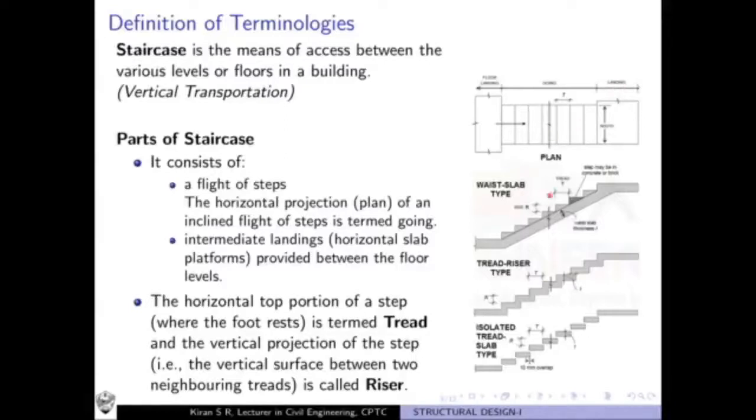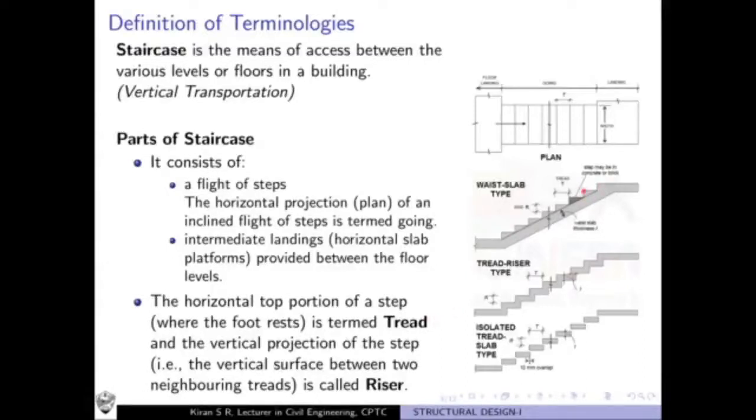And here you observe everywhere you have steps. In all the three types you have steps, and the steps are also defined using different terminologies. The horizontal surface of a step we call the tread, and that is where we lay the foot. We step onto the surface of the step, and that surface we call the tread.